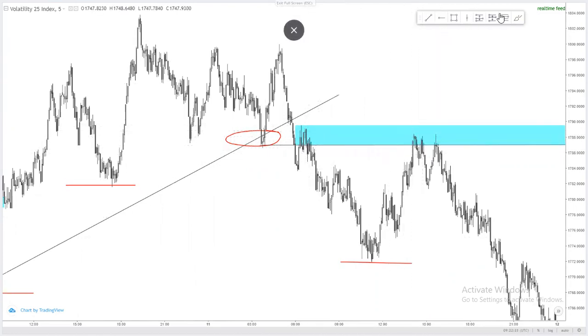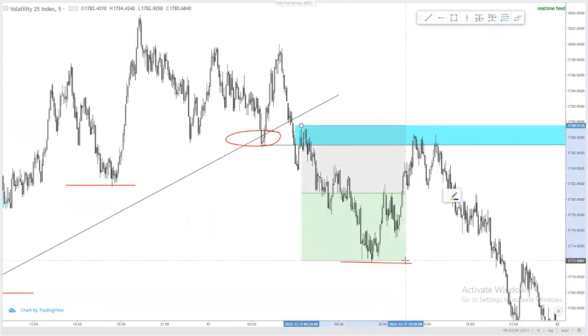Maybe you're using the Fibonacci from there to there. Let's say maybe 60 something percent retracement, or a deeper retracement, and it comes again to that zone, you can be short.